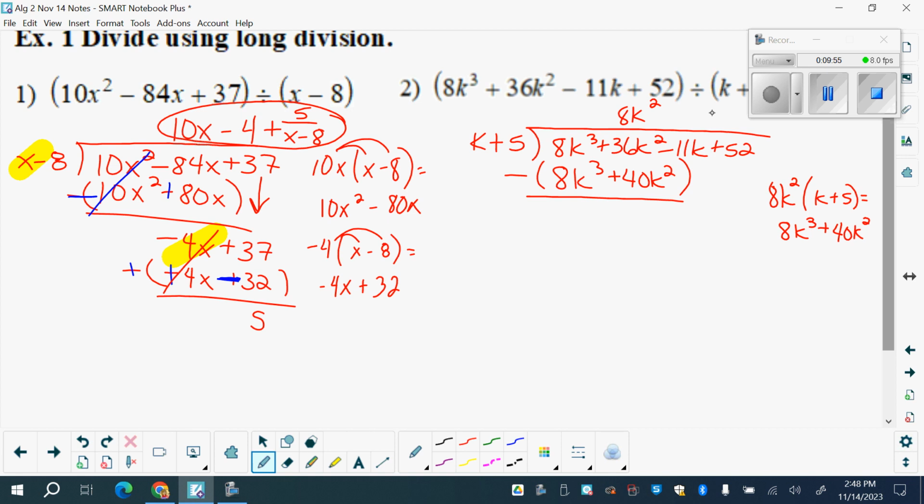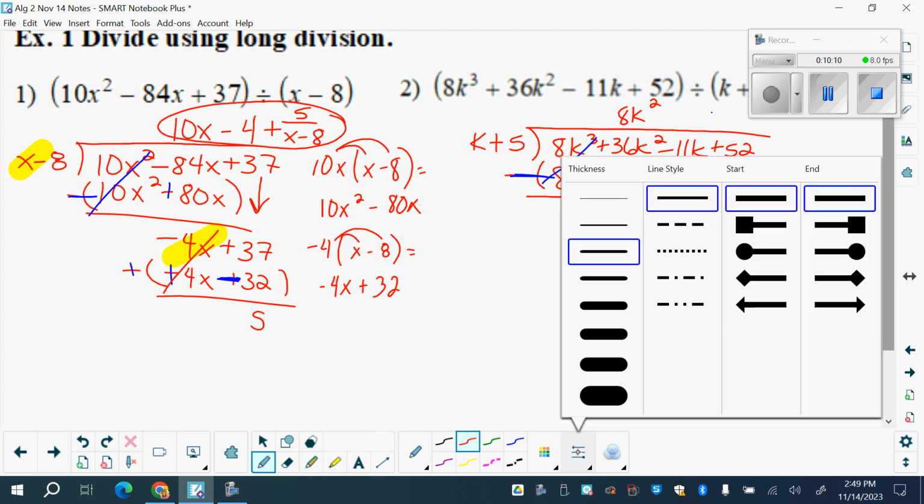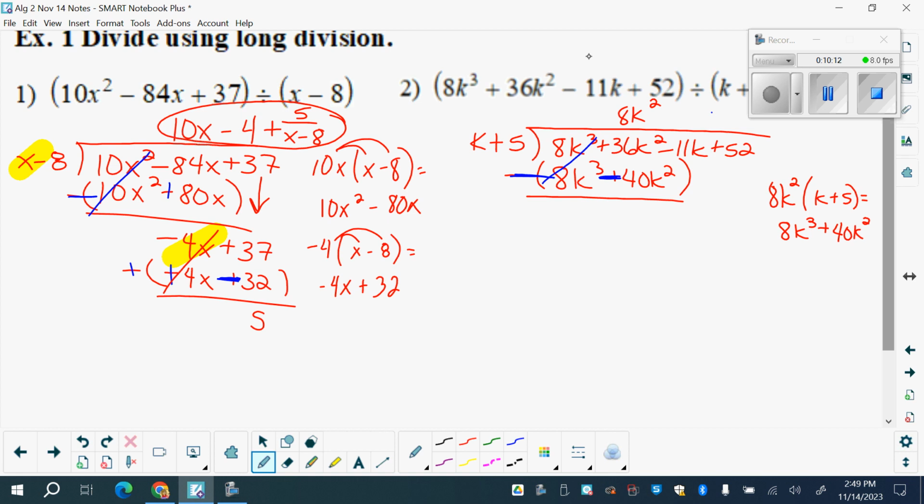So this positive 8k squared becomes negative, and this positive becomes negative. So the 8k to the third minus 8k to the third, what happens there? They cancel? And then what do I get here? Negative 4k squared.